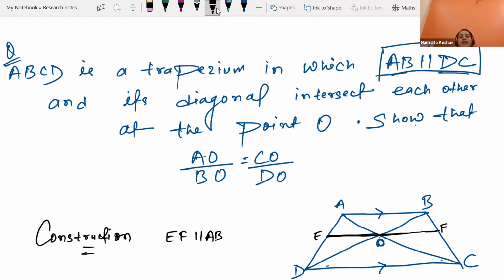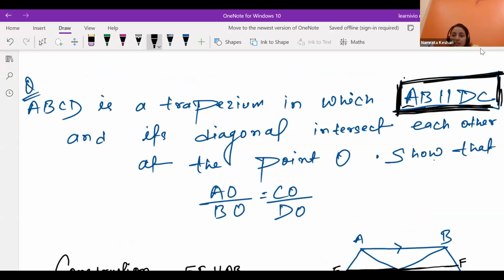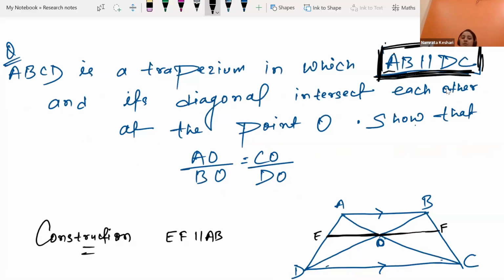And it is written over here that AB is parallel to CD. Then we can say that AB, CD, and EF are all parallel with each other. Yes or no? Can we say that? Yes, ma'am. We have drawn a random line EF passing through O.